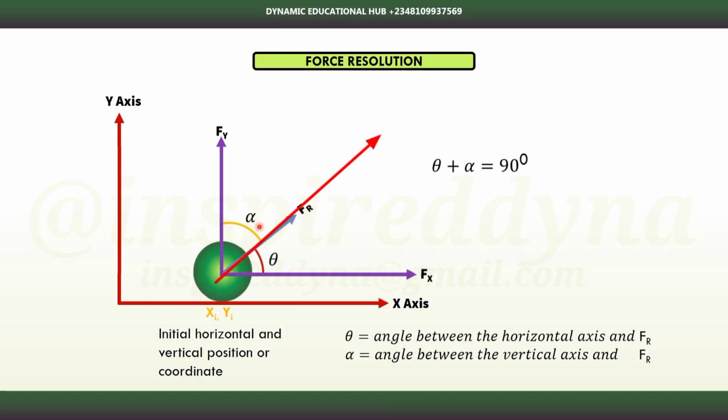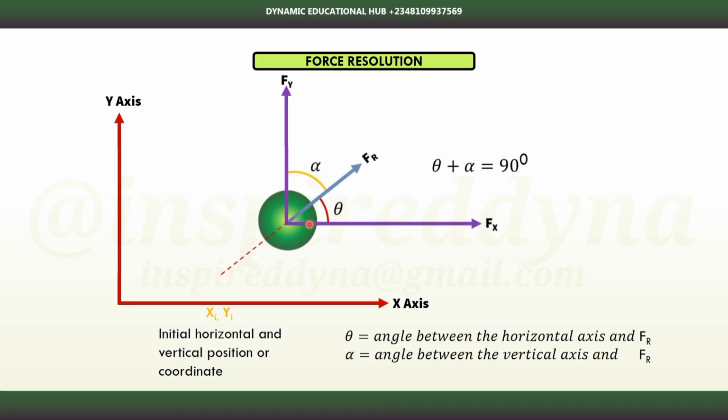So the resulting effect of these two forces that are inclined at 90 degrees to each other, vertical and horizontal, will be along this direction, which happens to be our FR. As they are pulling it, that object will move along the direction as shown. And what is the value of the force? The resulting effect, the resultant, which is Fr.